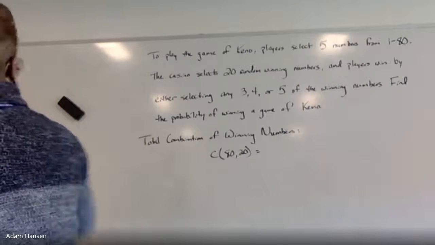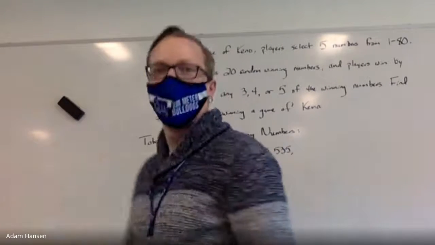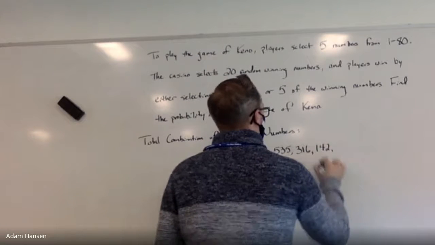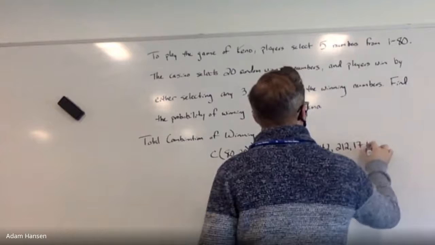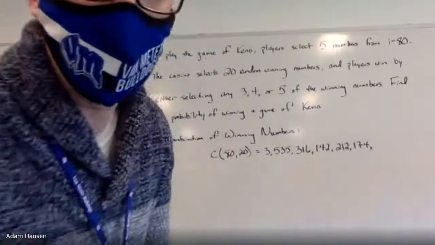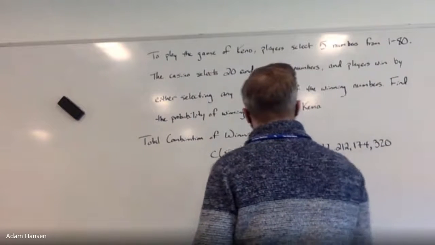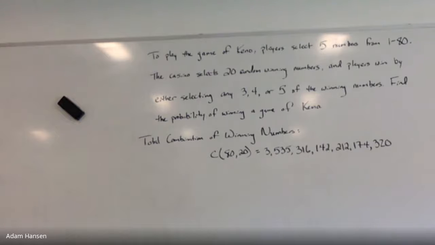Let's see, I've got 3, 5, 3, 5, 316, 142, 212, 174. There's that many combinations of winning numbers. Figure out the number of combinations to pick any 3, 4, or 5.